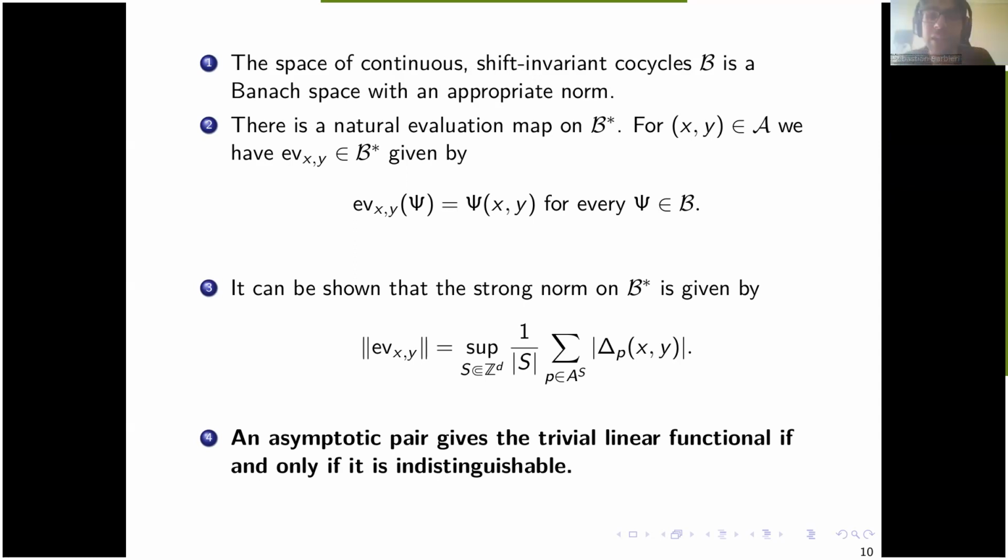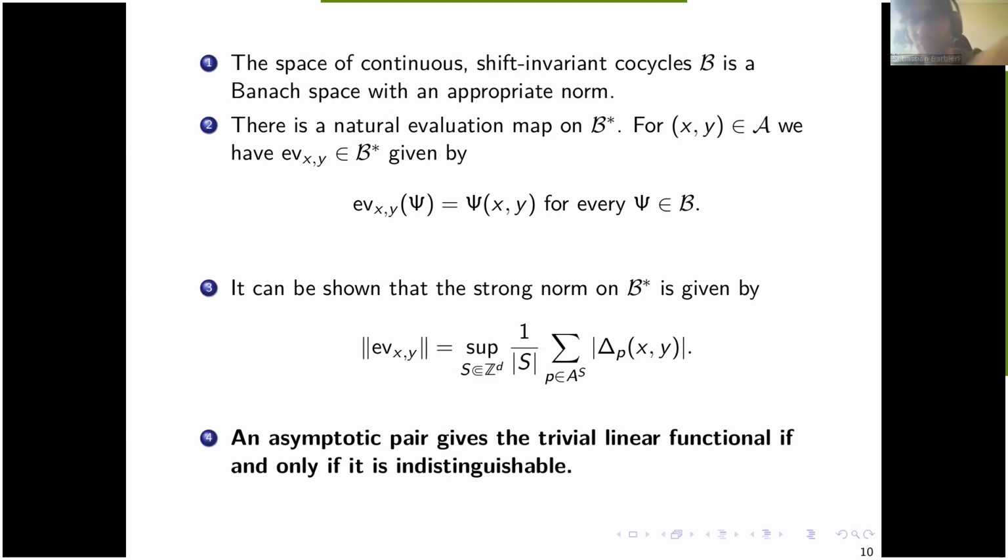So if I understand them, I understand all the elements in this dual space and I can do functional analysis magic. Okay, so that's my motivation for looking at indistinguishable asymptotic pairs. It's connected to Gibbs theory in some not so obscure way. Okay, all right, so that's motivation.